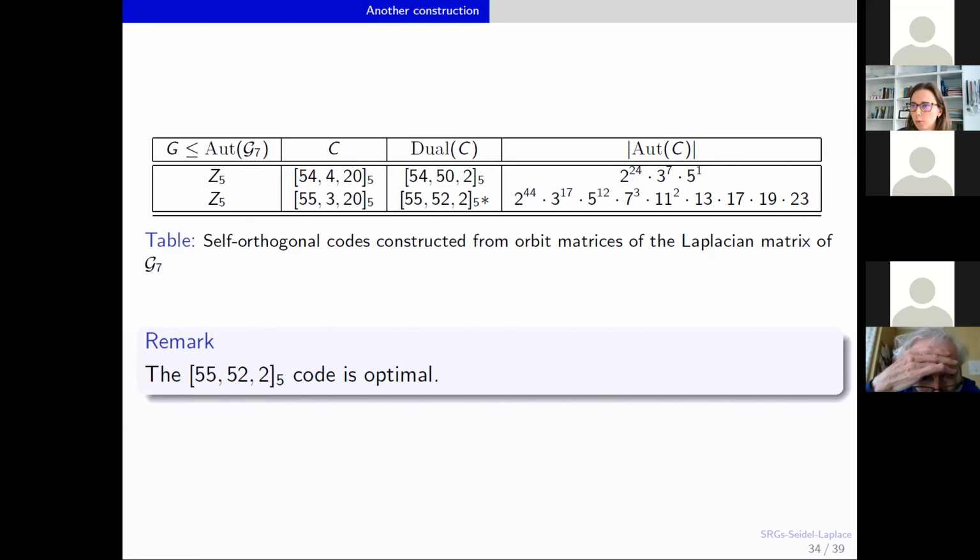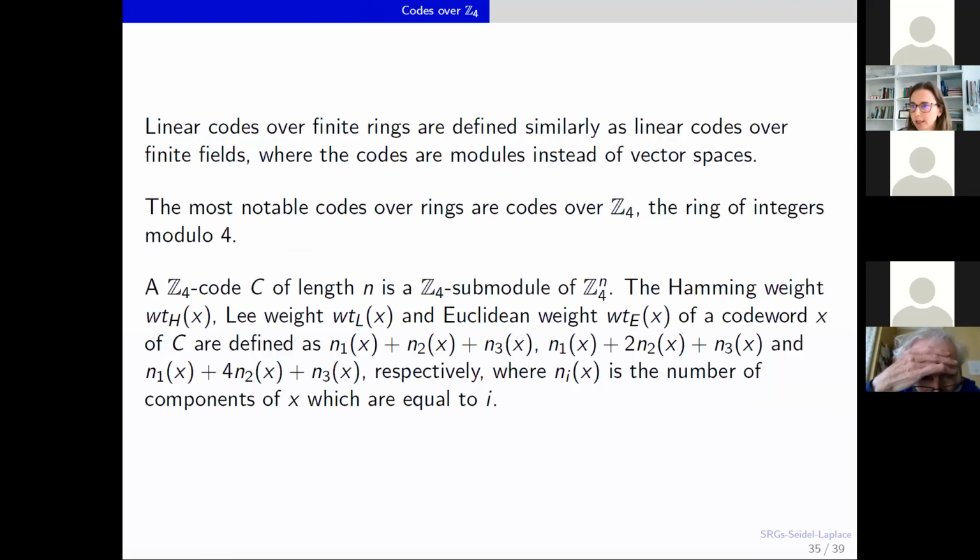Okay, so what I told you in the beginning, actually we saw that our method is working not just over finite fields, but also over finite rings.